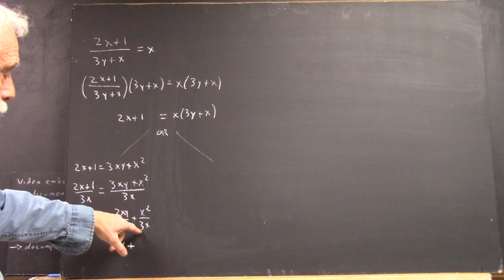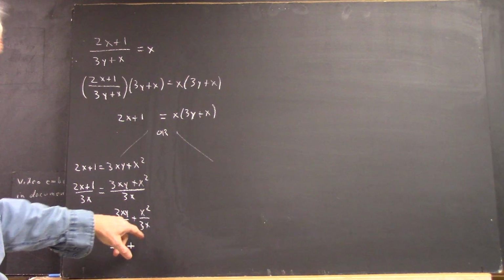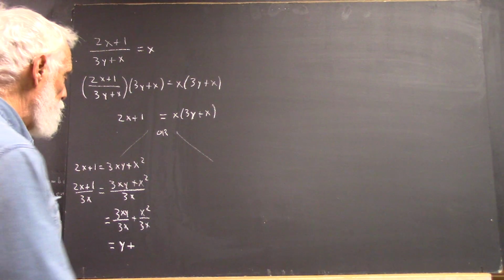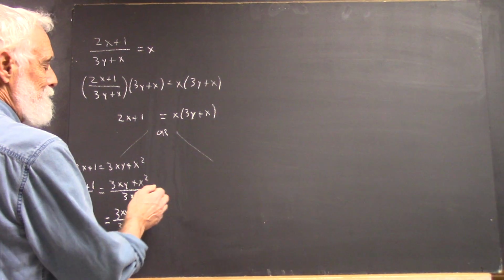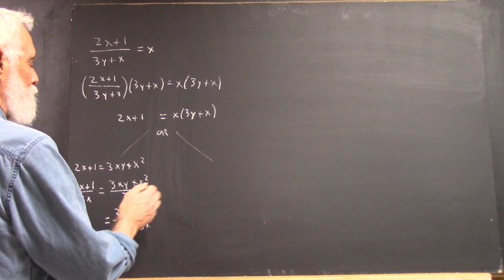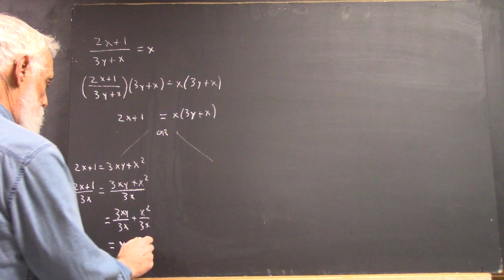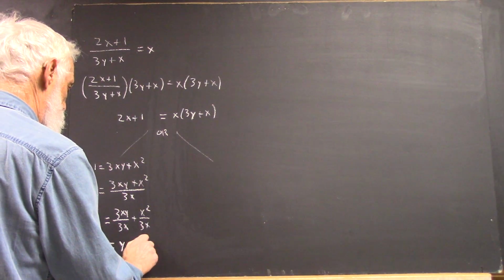Okay, so we have this. And x squared over 3x, of course, we could rewrite that as x times x over 3x, so we'd have an x over x, and we just end up with x over 3.